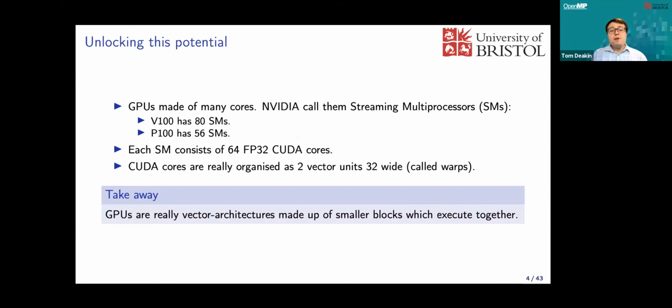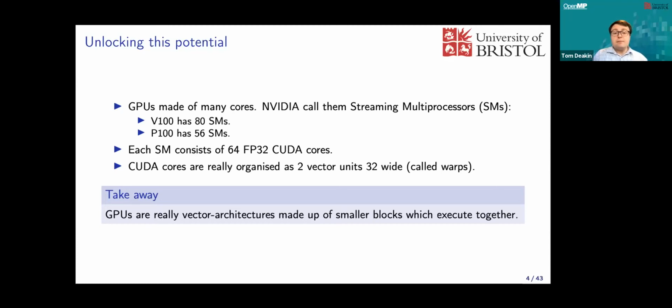So a GPU is made up of many cores, and they're cores like we think of them as a CPU core. NVIDIA call those streaming multiprocessors instead. And a V100 GPU has 80 of those, 80 SMs, and a P100 has, say, 56 SMs. So compared to the CPUs, that's an awful lot of cores on that particular socket, many more cores on the GPU.